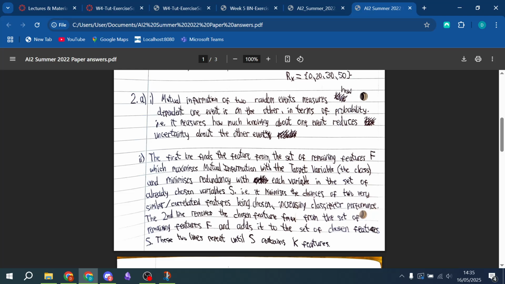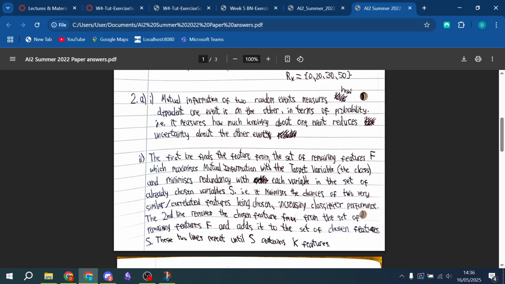I'll just leave this on screen for a bit longer because I haven't given people a chance to read it. But then there's also the second line, which just removes the feature we chose from the set of remaining features and adds it to the set of chosen features.